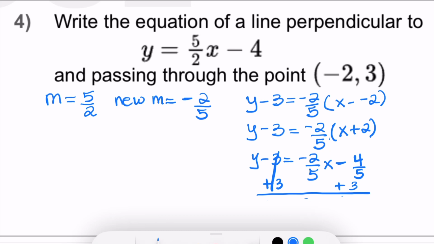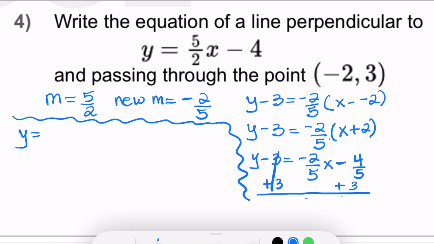Okay. So we are here. So y equals negative 2 over 5x. And we have the 4 over 5.